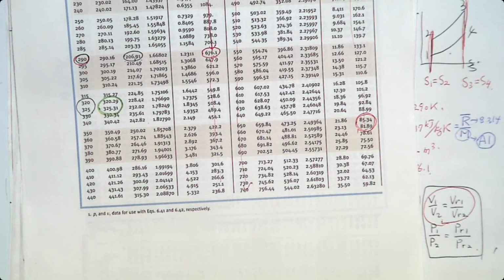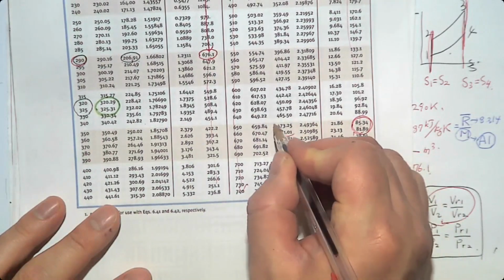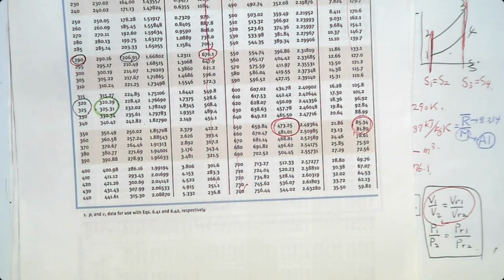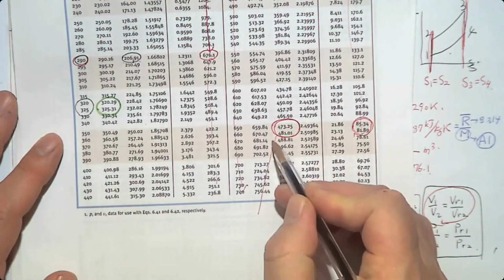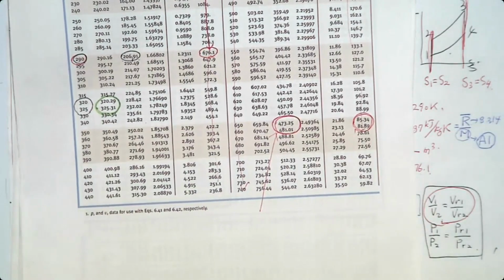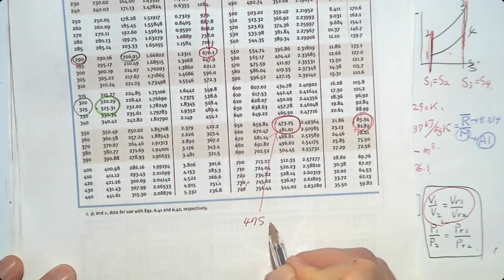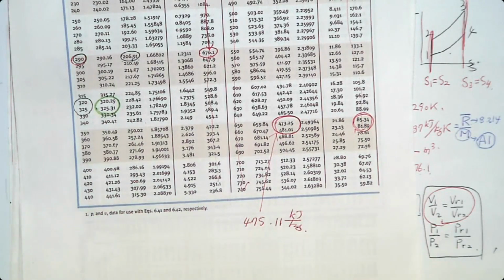Linear interpolation. So you will do a linear interpolation in the final exam. All of you know how to do linear interpolation, right? So let's determine that. If you do, you get 475.11 kilojoule per kilogram after you do the linear interpolation.